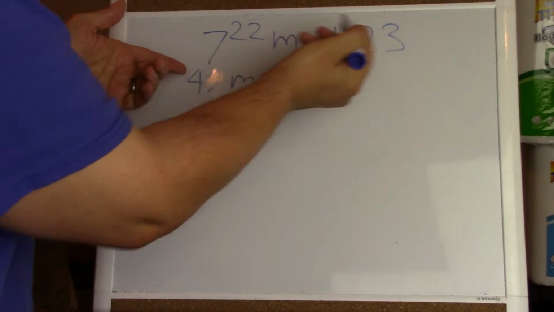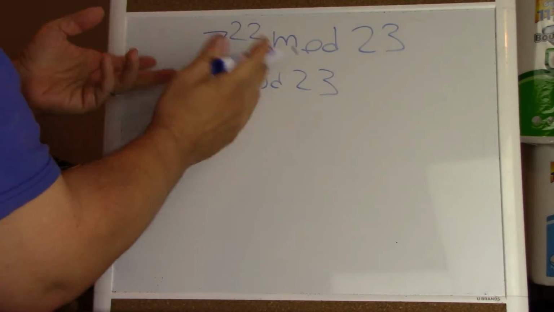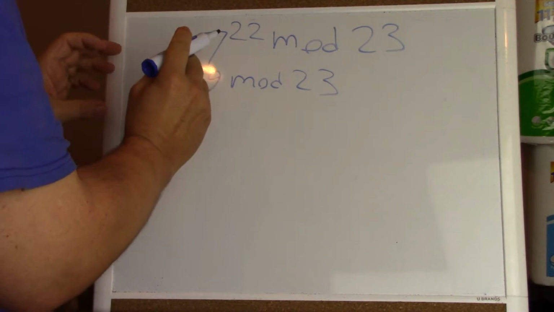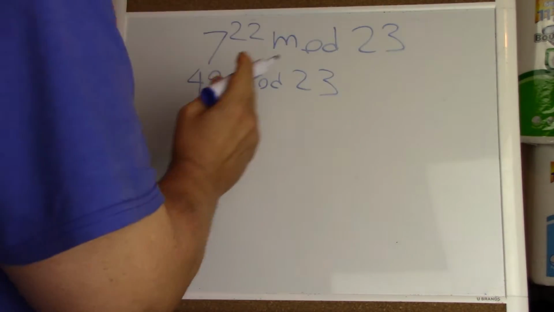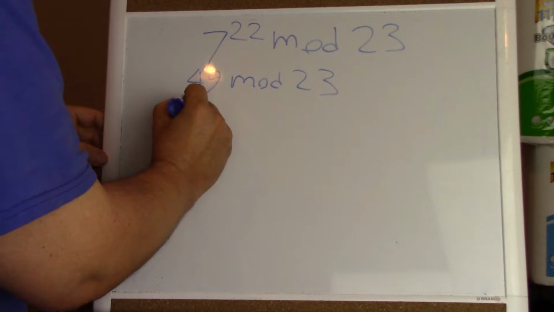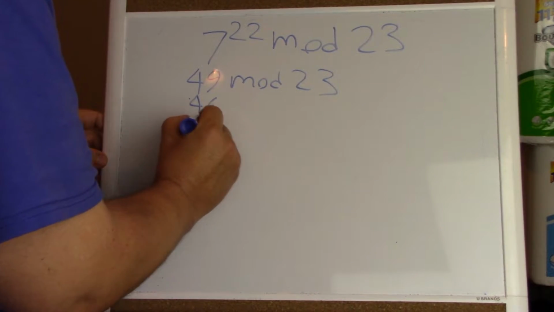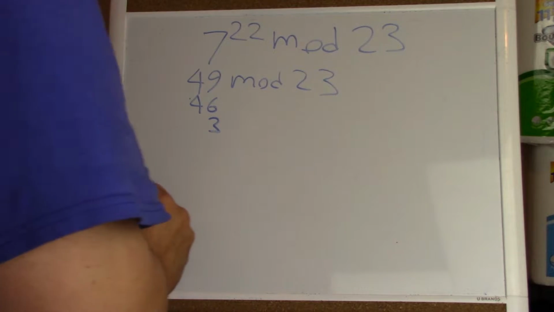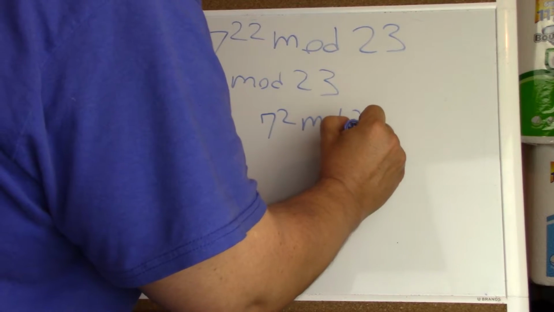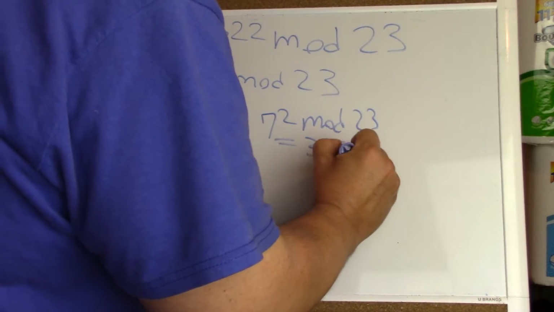It's just that 7 squared is greater than 23, and it's a good number to get. You want to get a smaller number. You don't want to get too many large numbers. So even though this is a small number, it's not a big deal here. So this is really 3 mod 23. And so 7 squared mod 23 is equal to 3 mod 23.